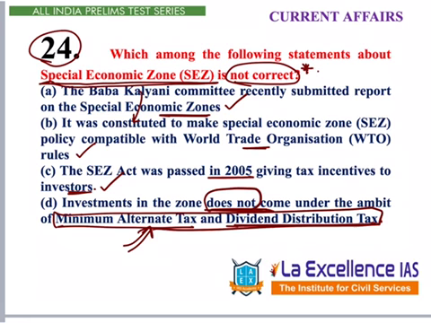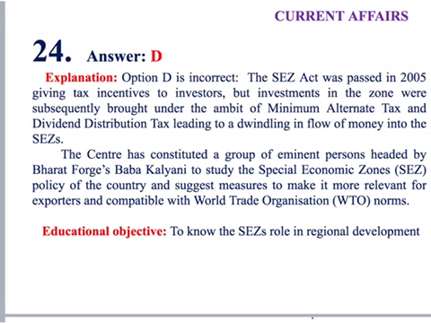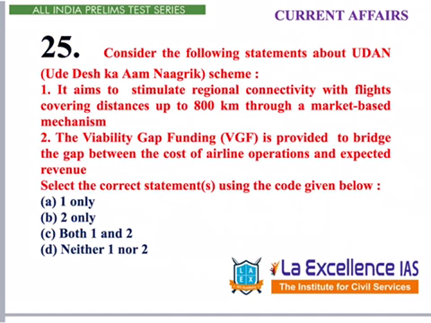But here the question says does not. That's why it is incorrect. The question is also asking about the incorrect statement. D is the answer. Here is the answer for this question, read once. Next current affairs question is given under question number 25. This question is with regard to the UDAN, Ude Desh Ka Aam Nagarik scheme.